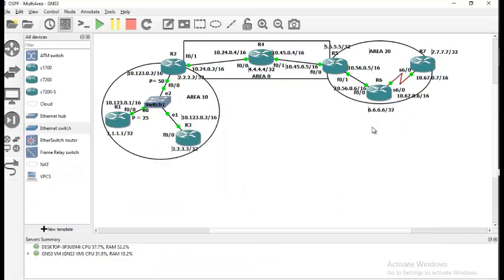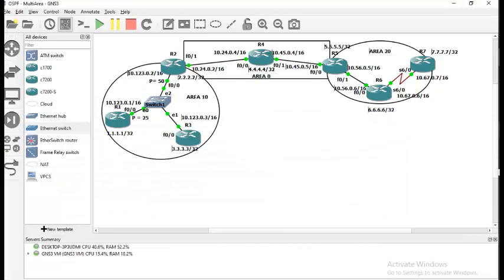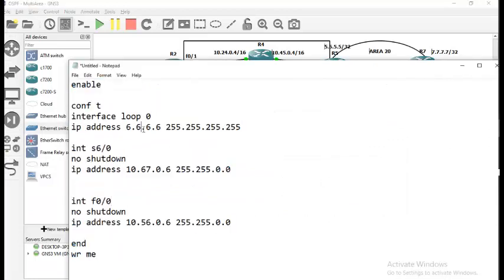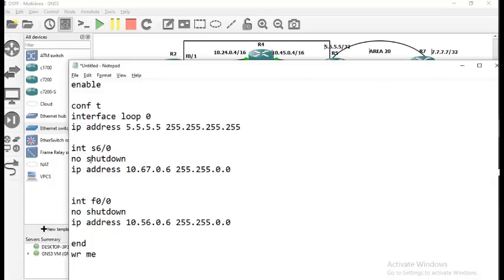Next. Let's finish 5. 5 has got F0/0 and F0/1.